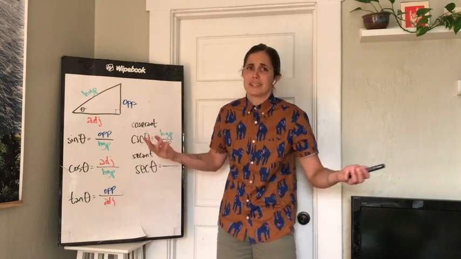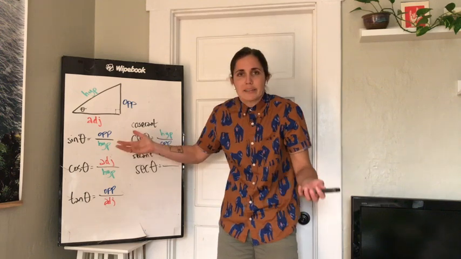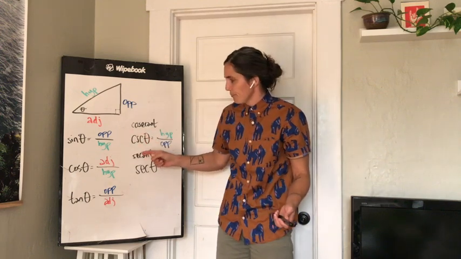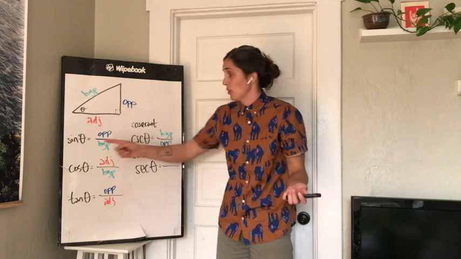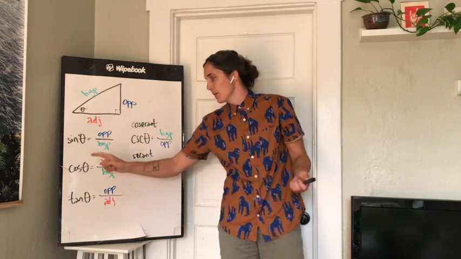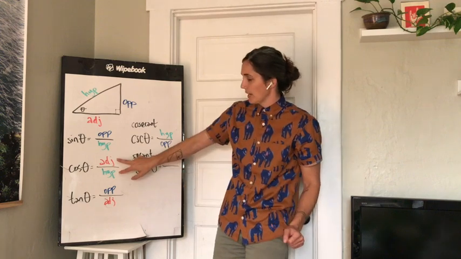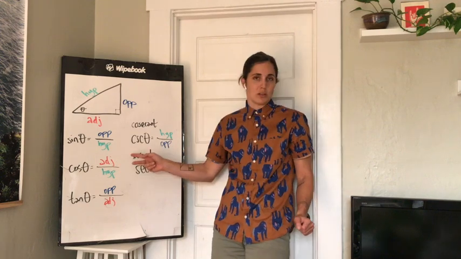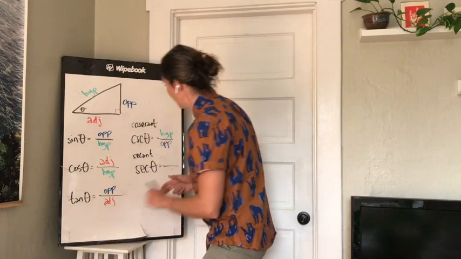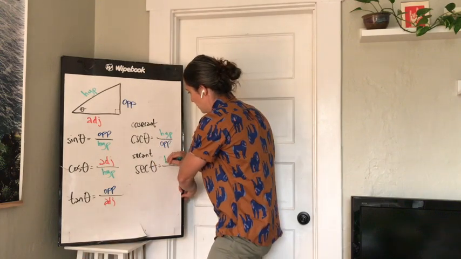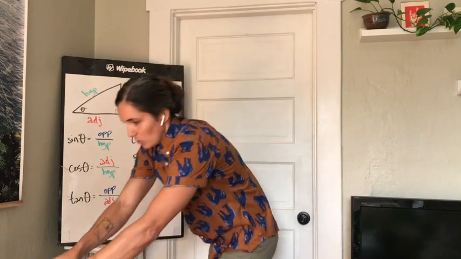It's probably related to the Greek or Latin or whatever. For our purposes, we just got to know that sine and cosecant go together, cosine and secant go together. And secant, like I said, is the reciprocal of cosine, making secant the relationship of hypotenuse to adjacent.